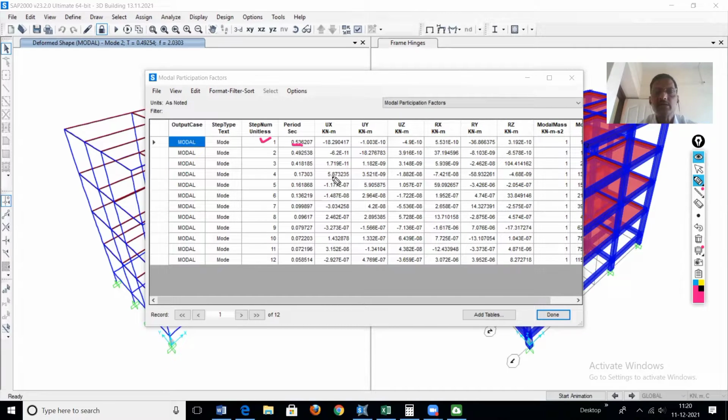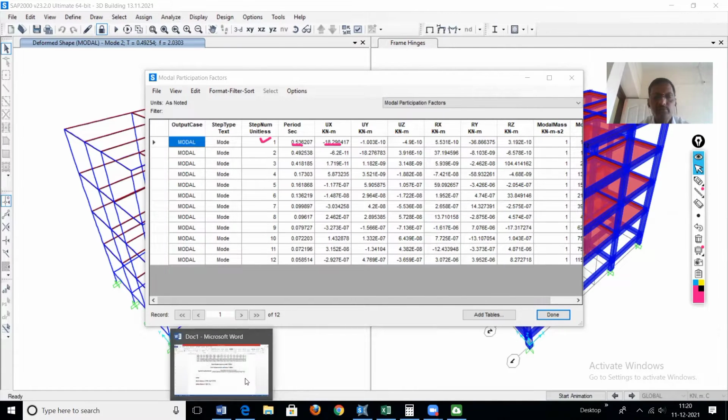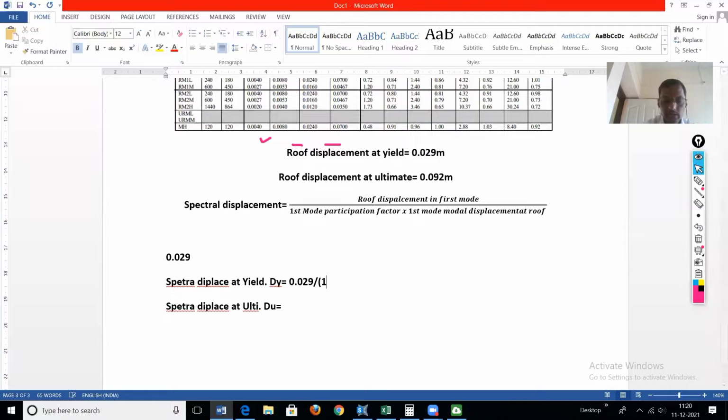How much is the value? 18.29 is the modal participation factor, multiplied by the first mode modal displacement at roof.